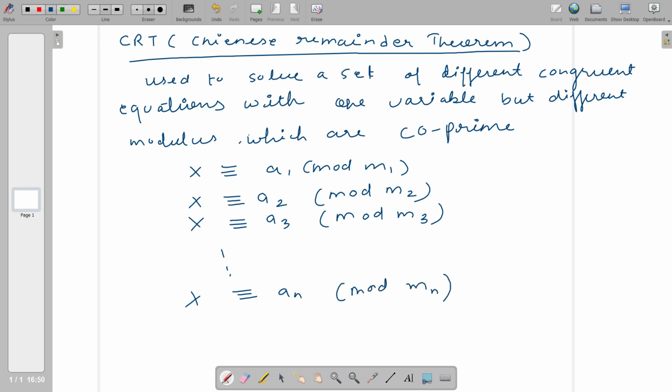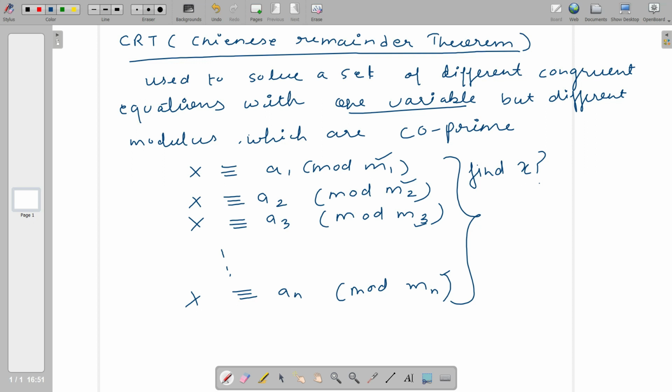And these equations are given, and what we have to do is find the value of x. That's why we say the equations have one variable x, the moduli m1, m2, m3 are different, and these are all co-prime or relatively prime to each other. So this is the statement of Chinese remainder theorem, and this theorem is used to solve for the value of x.